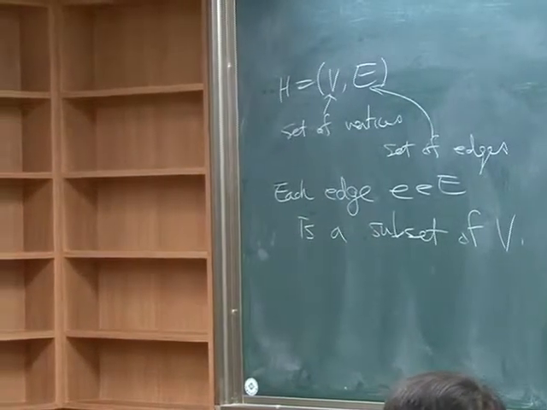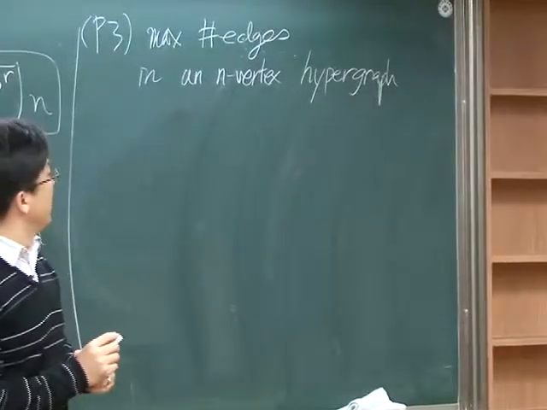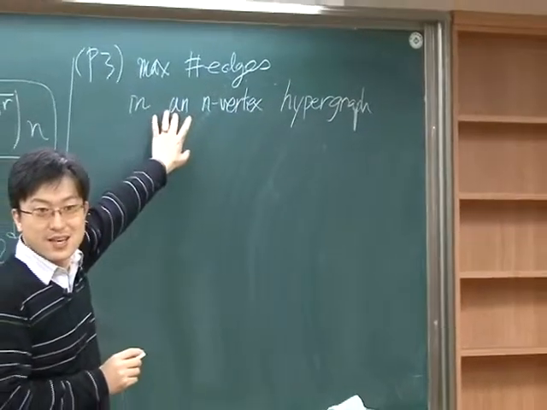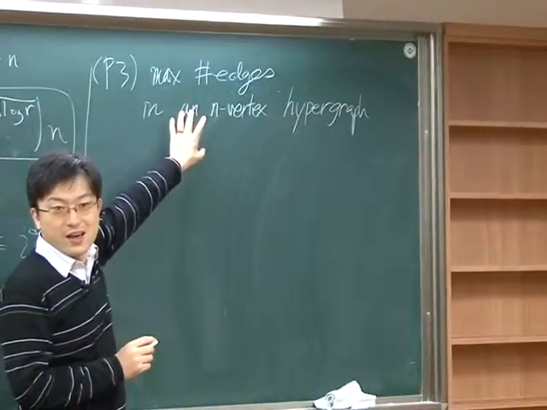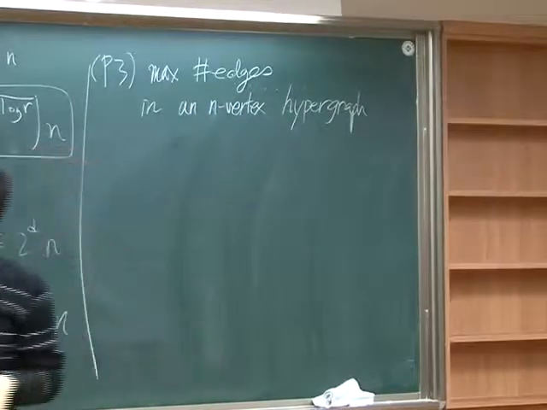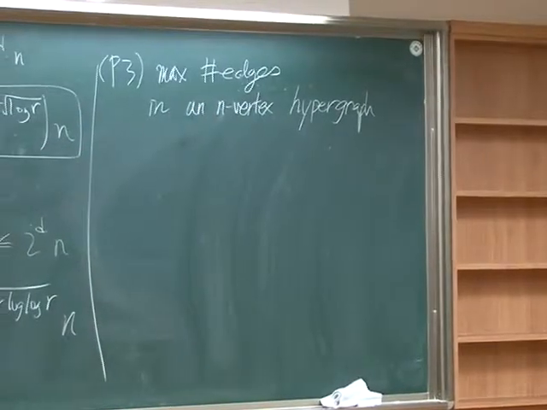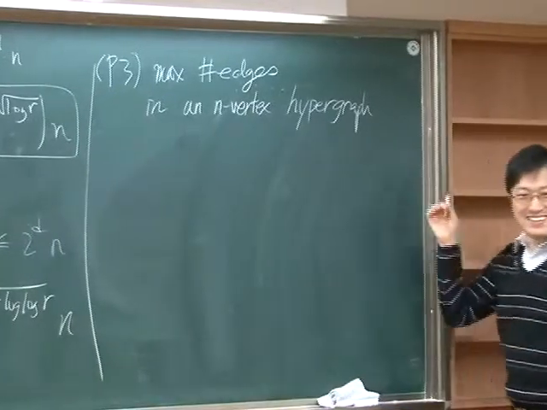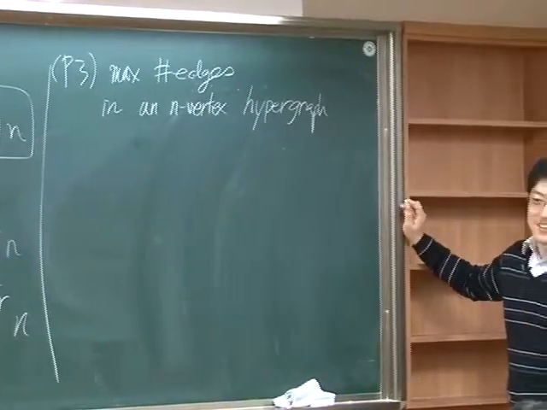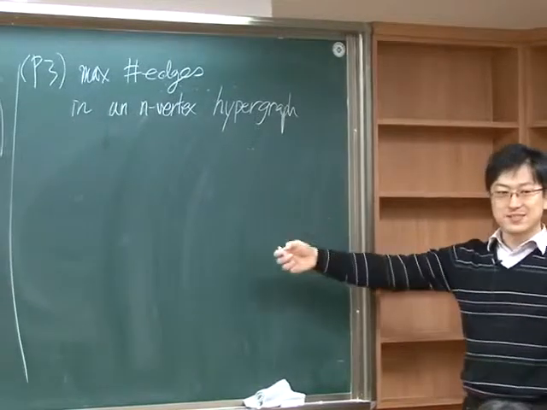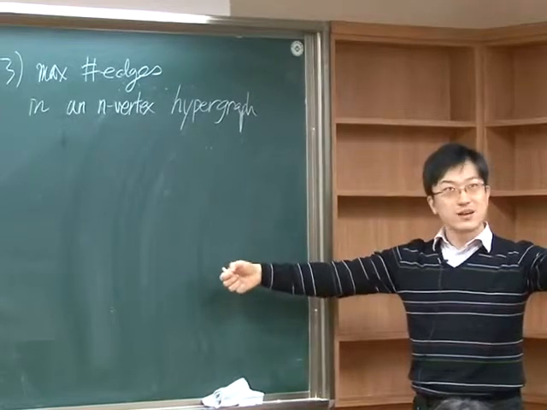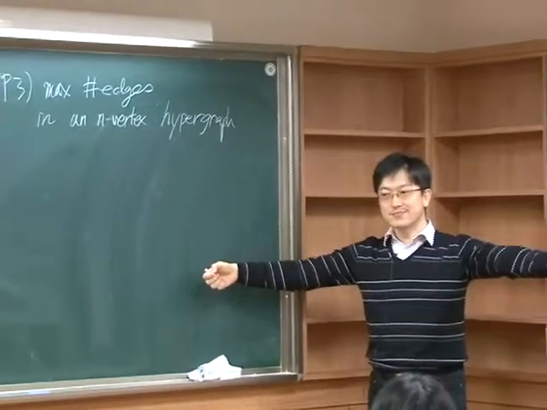Now imagine that you have n-vertex hypergraphs, and what is the maximum number of edges without a K_R minor? I didn't state that last condition yet. Without that condition, you have n vertices, and any subset can be an edge, where we don't allow identical edges.